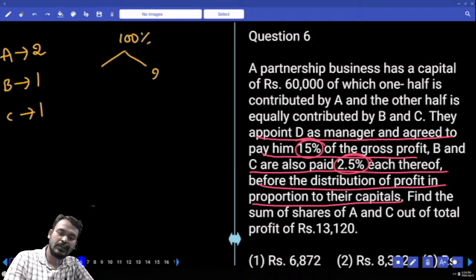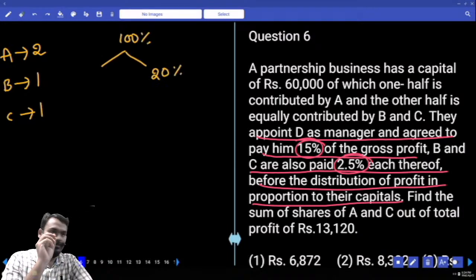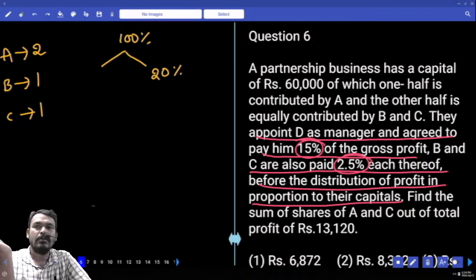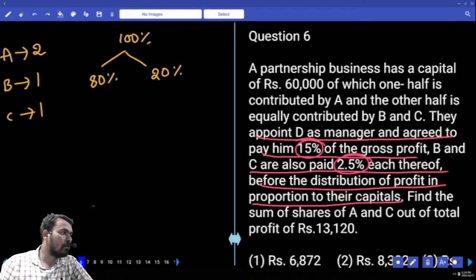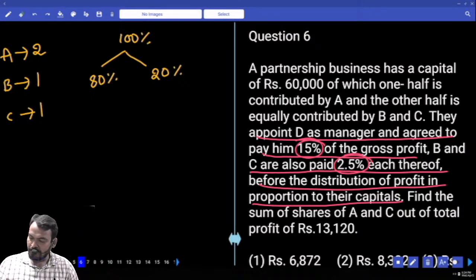The 20% is already distributed to D, B and C. What is the remaining profit? 80%. Okay.